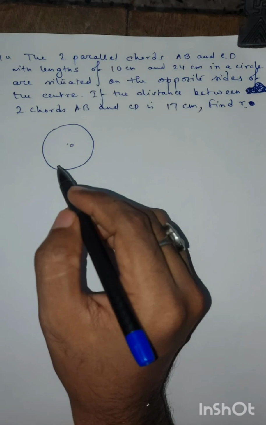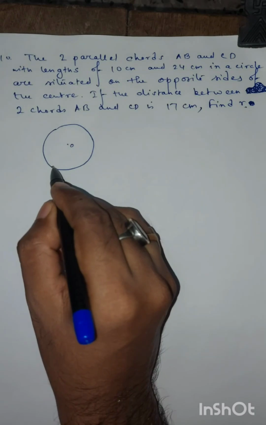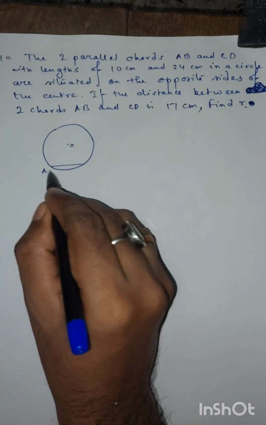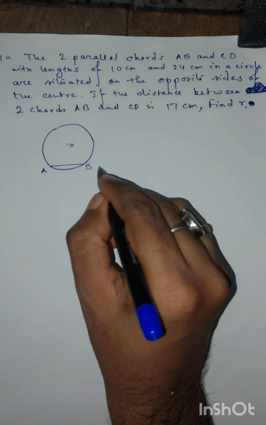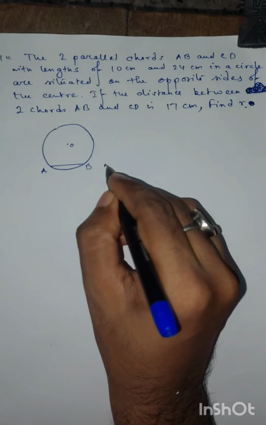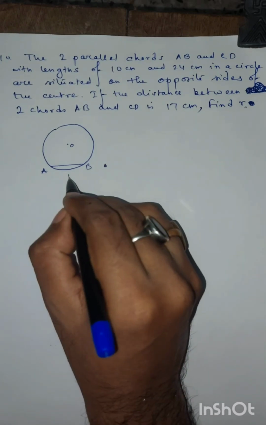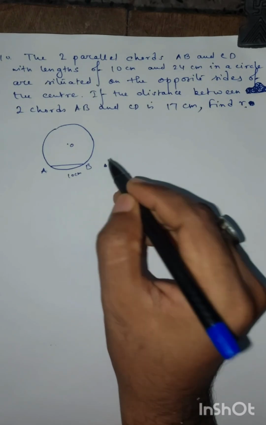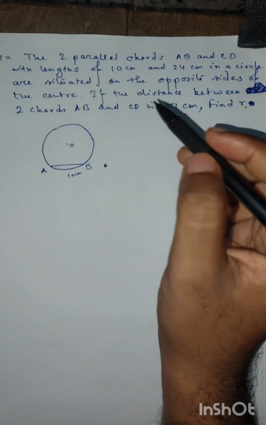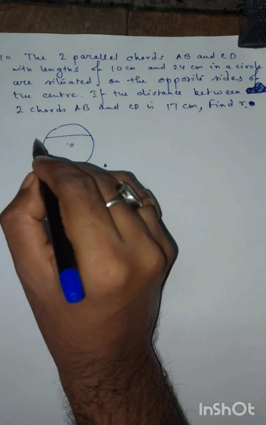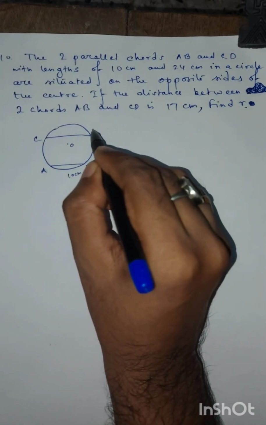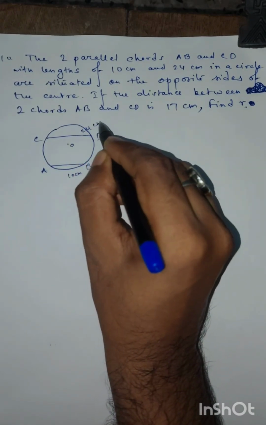Let us say this is our AB, which is 10 centimeter, and another chord CD, which is 24 centimeter.